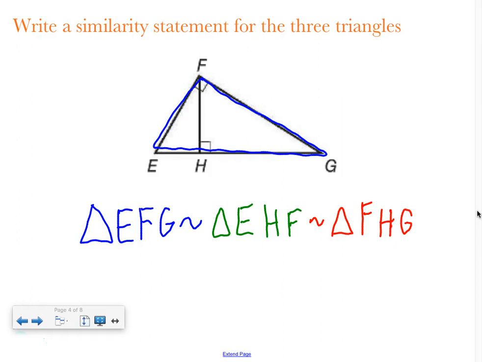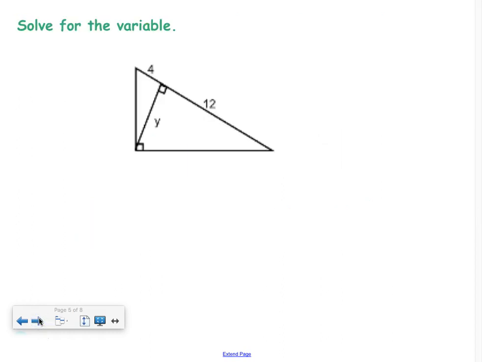So now we're going to use what we used in last chapter, the right proportions to find missing lengths using those 3 sides. Let's see how it goes, okay? Let's see how this works. So the first one's nice and easy. We're finding Y. So we first need to decide what 2 triangles am I going to use? 2 smalls or a small and a big?